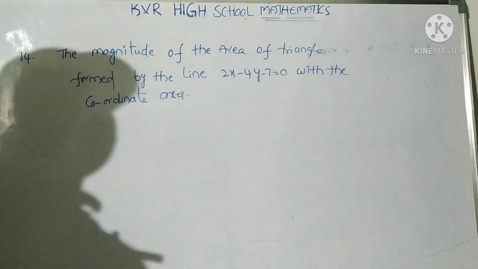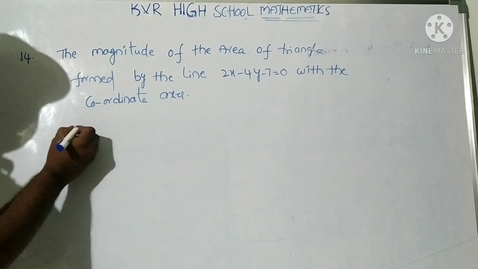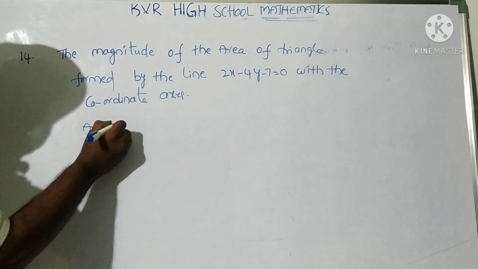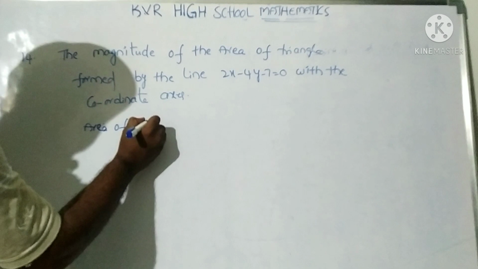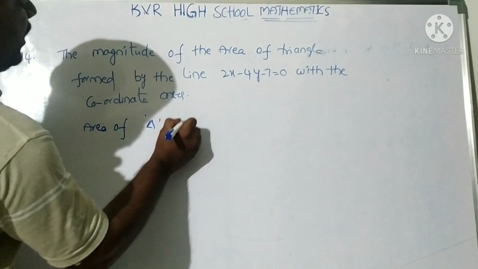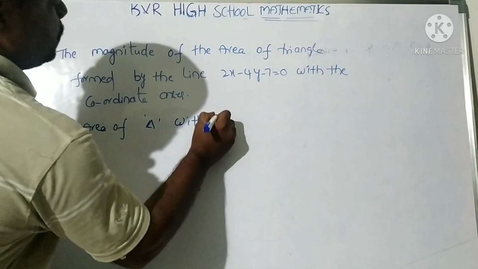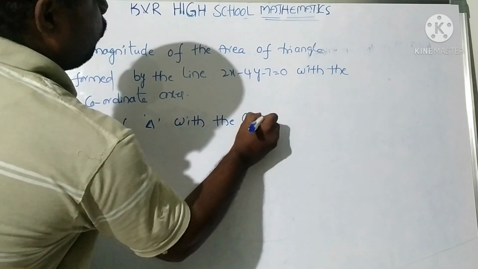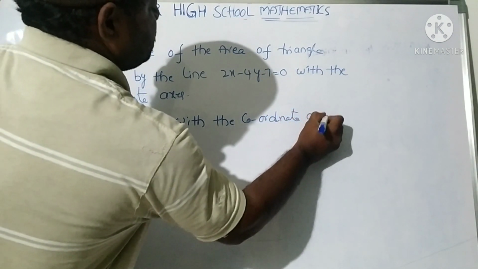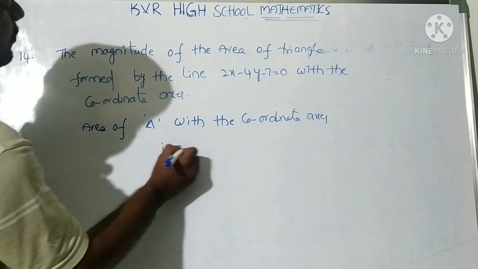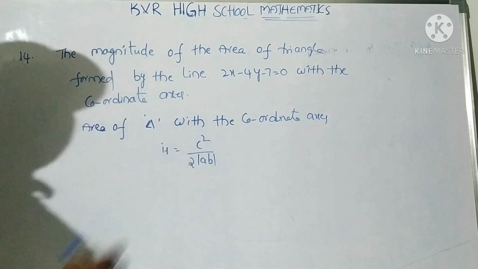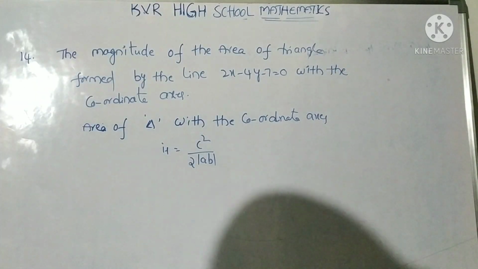That is the direct short formula, you know very well. So direct formula, c square by 2 mod ab.